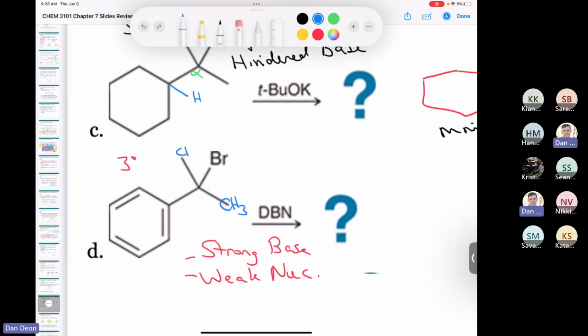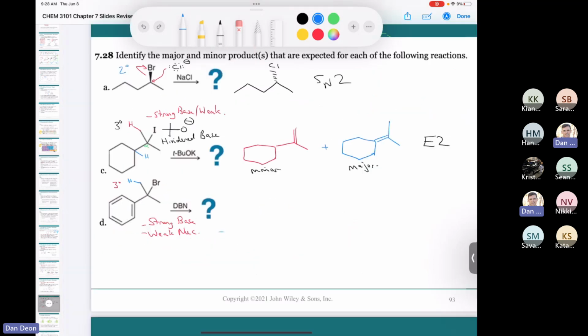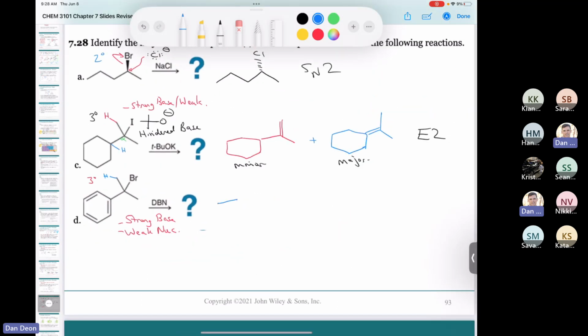And so there's only one kind of beta proton, this one here. There's no beta protons here. And so the only product we're going to get in this case will be this. We have our aromatic ring, and then we have a double bond like this. And so again, the only product that we get here is an E2 product.